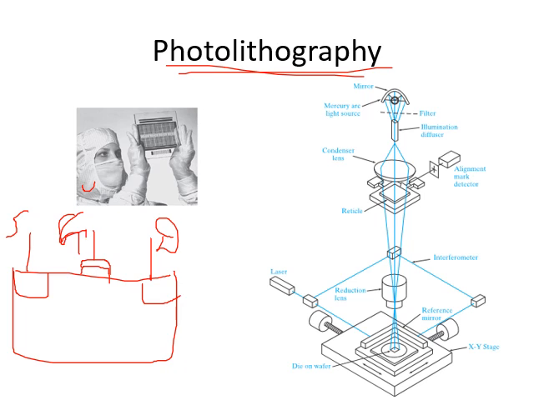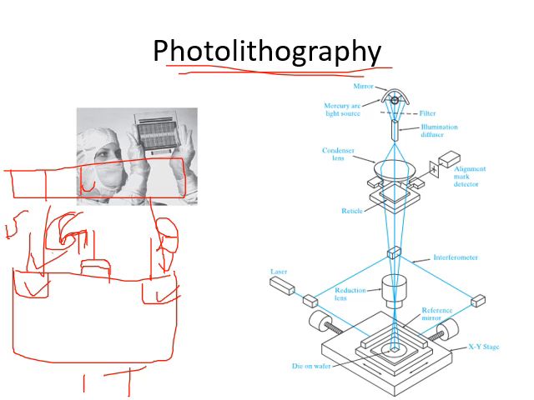This indicates one transistor, one FET, one MOSFET or one JFET. This is a single transistor we are speaking about, and in that single transistor we are doing these steps: opening the window with photoresist and applying the light using the mask. So this is the mask.